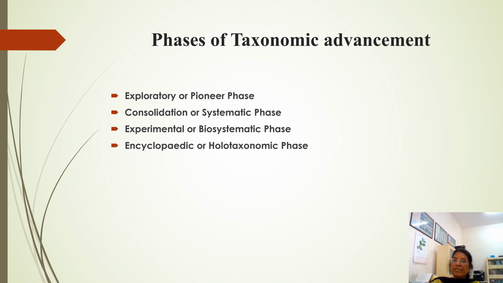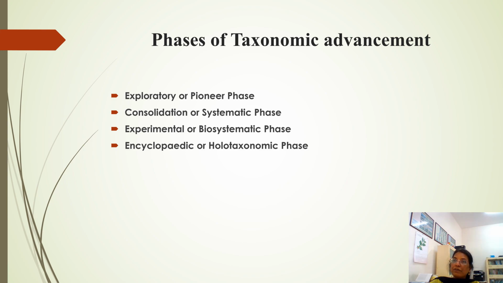The taxonomical advancement phases are largely divided into four phases: exploratory phase, consolidation phase, experimental or biosystematic phase, and encyclopedic or holotaxonomic phase.